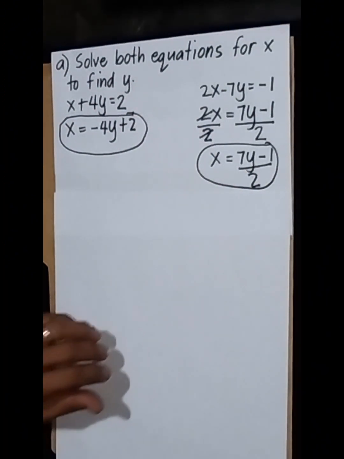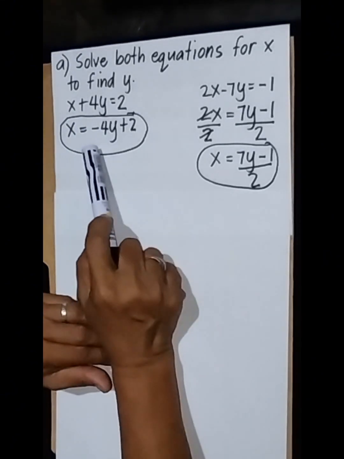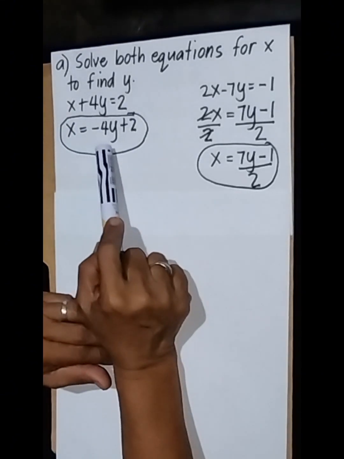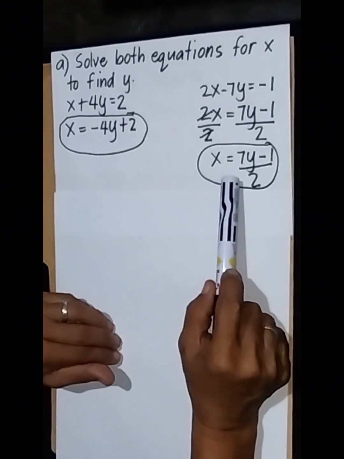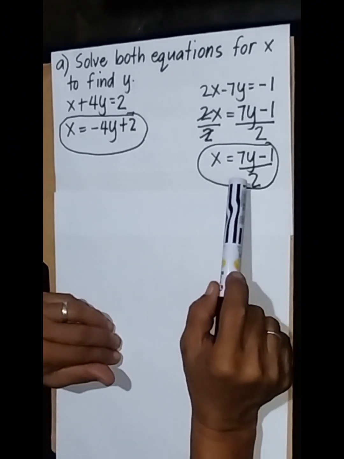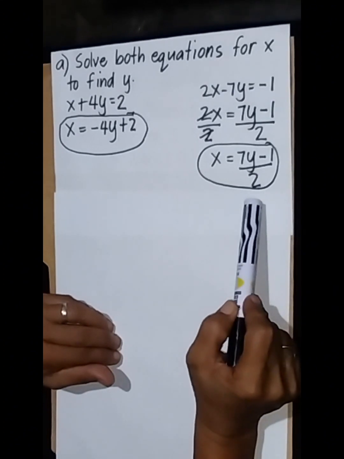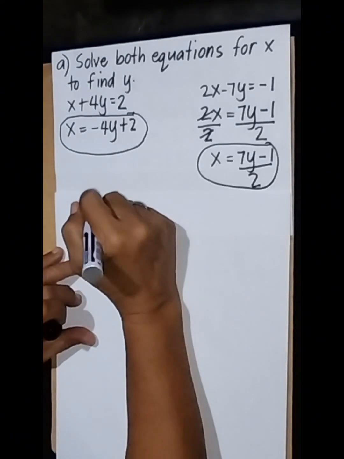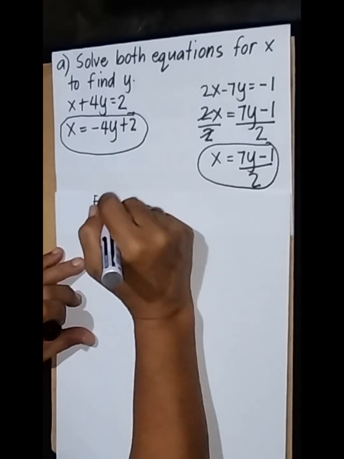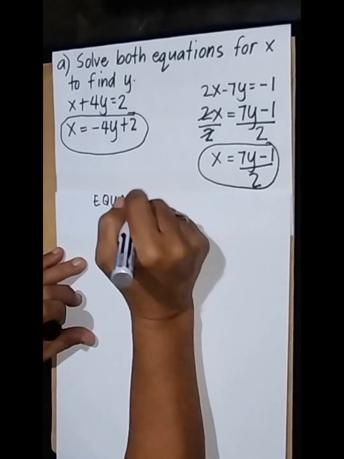So, since both are equal to x, we have the first equation is x equals negative 4y plus 2. And the second equation is x equals 7y minus 1 over 2. We have to equate. Since both are equal to x, we have to equate.